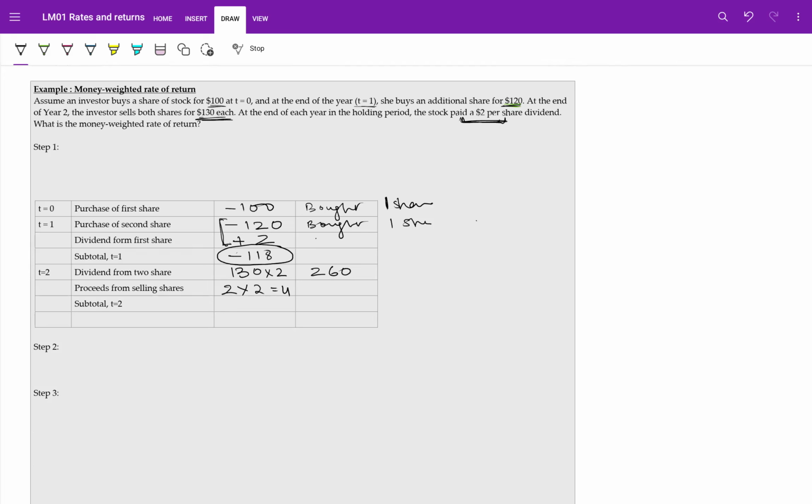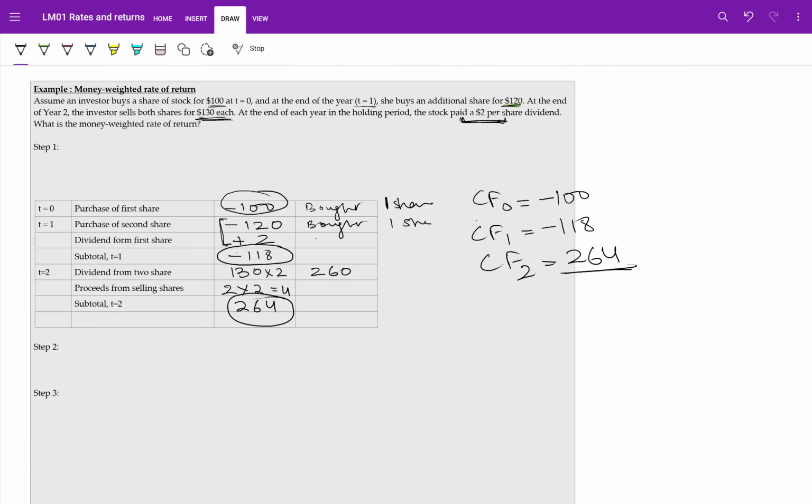So the sum total is going to be 264. Now understand this thing. Cash outflow at time zero is $100. Cash outflow at time one is $118, and cash flow at time two is $264, which is a positive cash inflow.